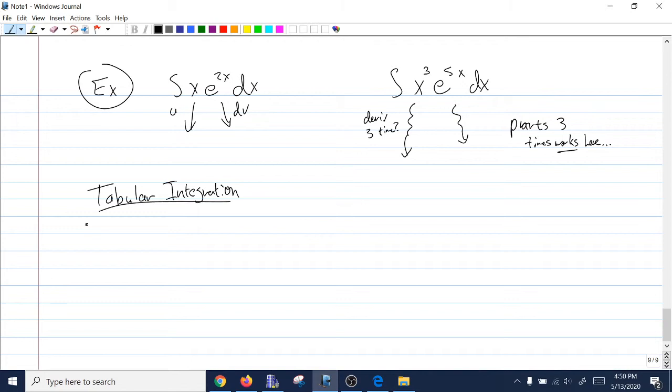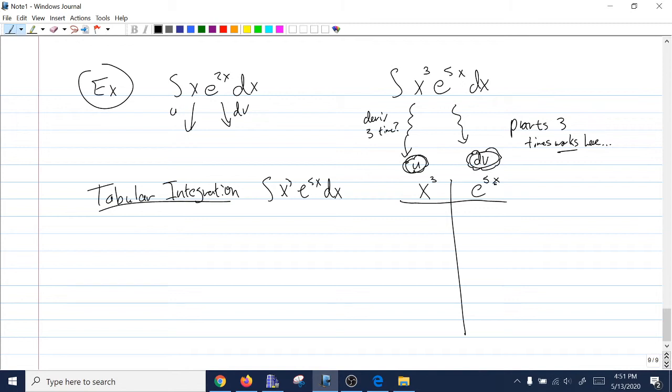People write this in different ways, but if I wanted to integrate x cubed e to the 5x dx, the way I've seen it written is you start with the thing you're going to differentiate, your u choice here, that's going to be your u choice over and over. You put your dv thing here. We're not exactly doing integration by parts right now.